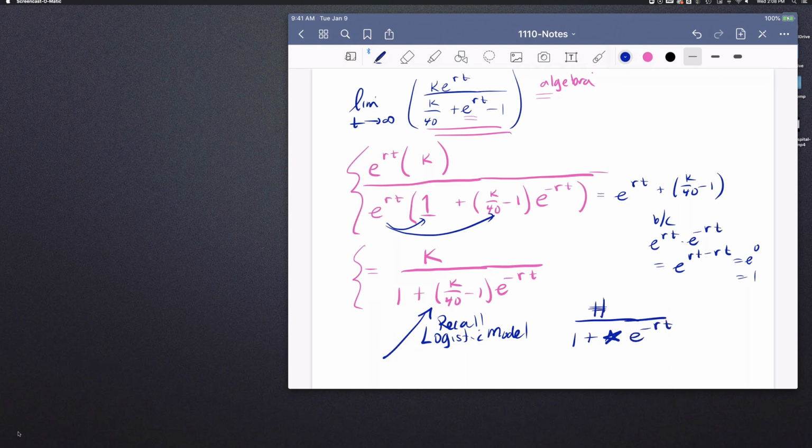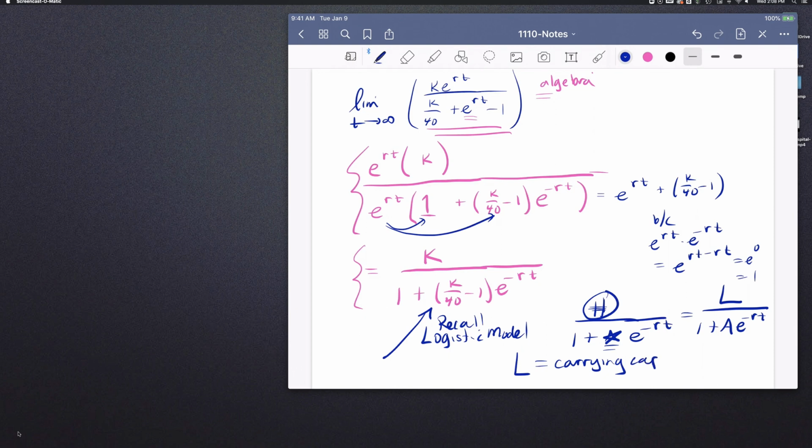If you look back at the way they wrote it before, the number on top they would have called L, and the other number they would have called A, times e to the minus rt. So in terms of the wolf population problem, they're using the constant k instead of L, and L is something called the carrying capacity.